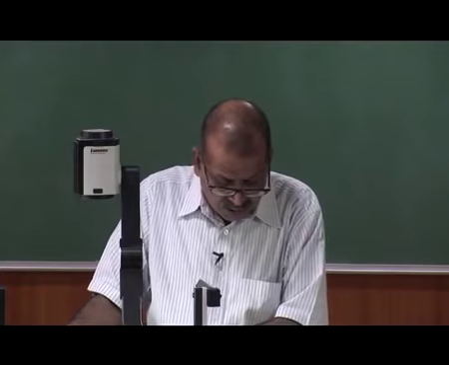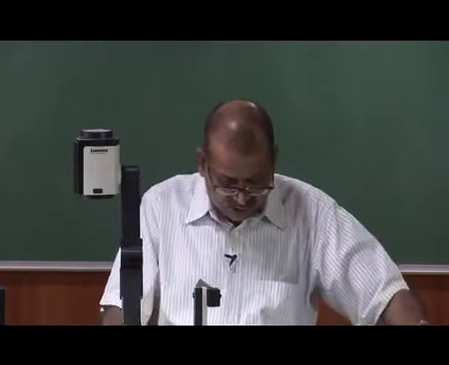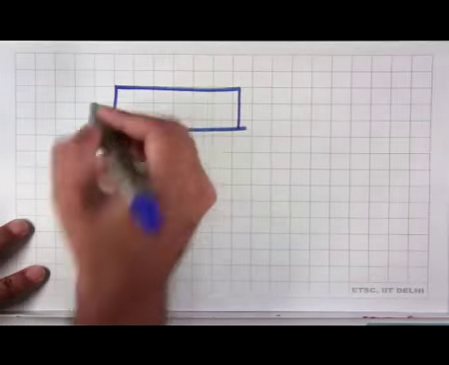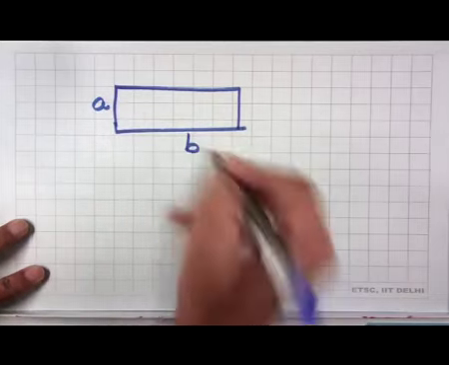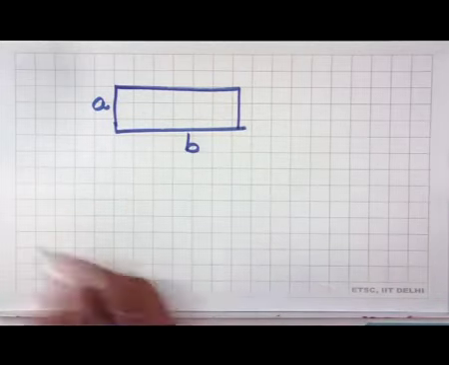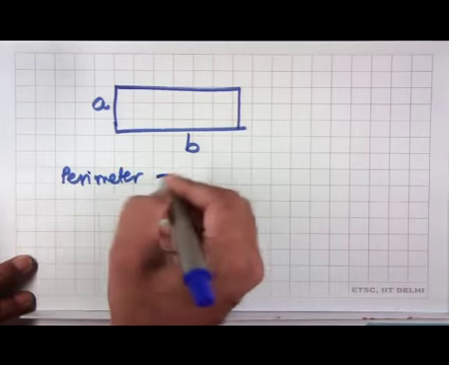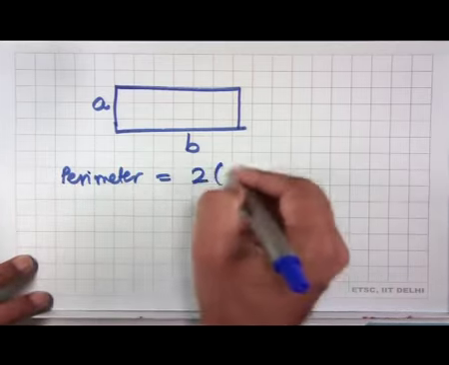So, this is what we have, and sometimes let us take an example. Suppose we have a rectangle of dimensions A and B, then here when we look at the perimeter of this rectangle, perimeter is equal to 2 times (A plus B).